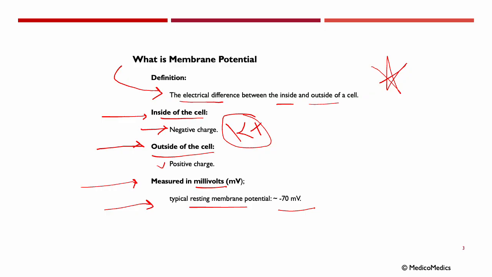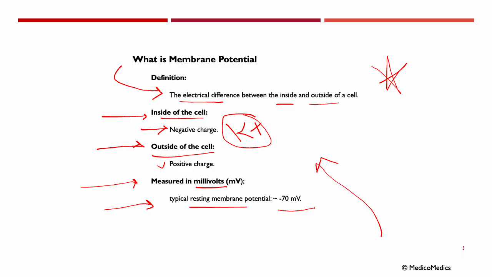So this means the inside of the cell is about 70 millivolts more negative than the outside when the cell is at rest. And this resting state is maintained by ion channels and pumps, which regulate the movement of charged particles.